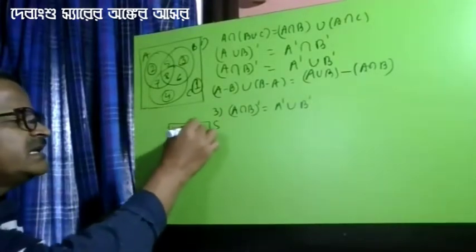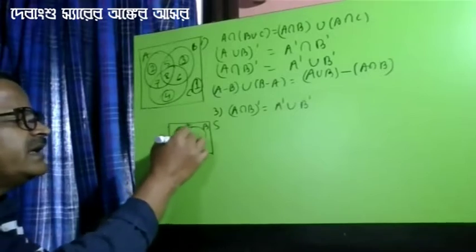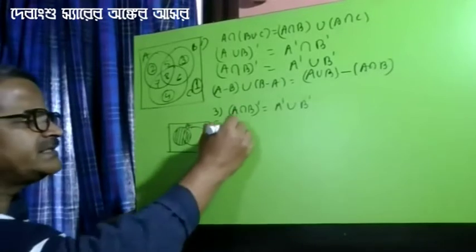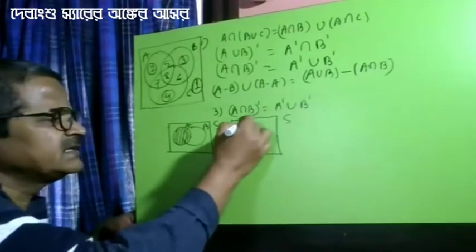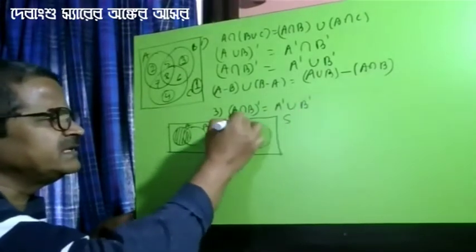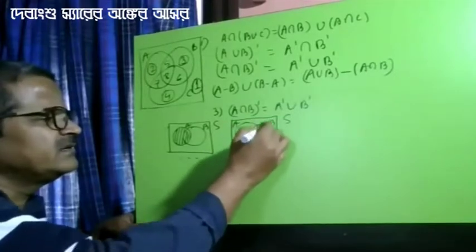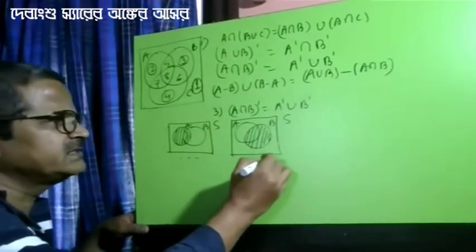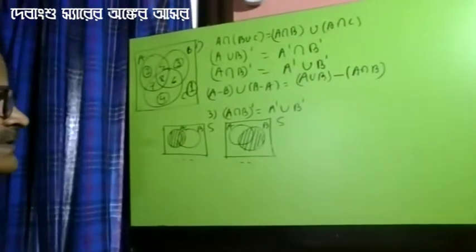S, A, B. You know what to write. The second diagram is A, set B. You know what to write.